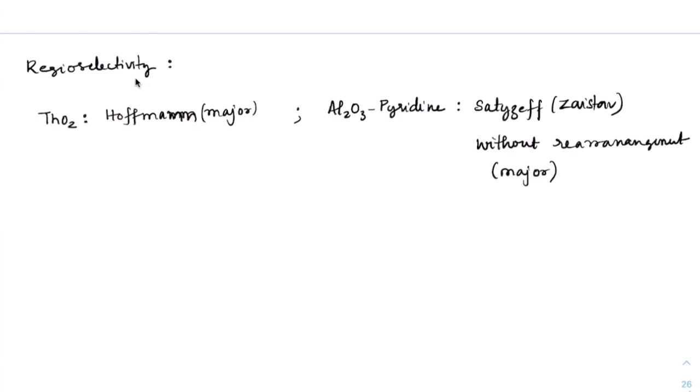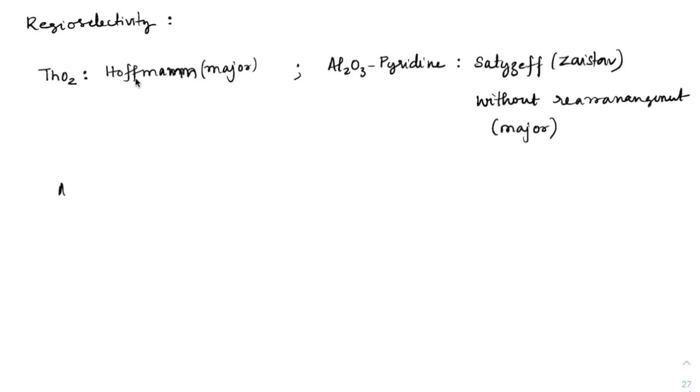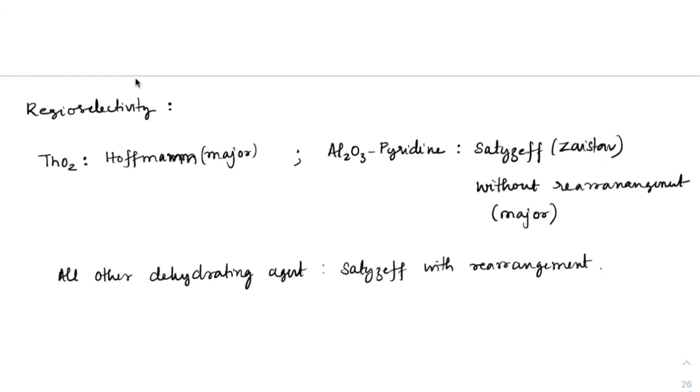Next, all other dehydrating agents. So you have to mug up these three, students. Only ThO2, Hofmann; Al2O3 pyridine, without rearrangement; and the rest all will be the regular mechanism, which is Saytzeff with rearrangement.